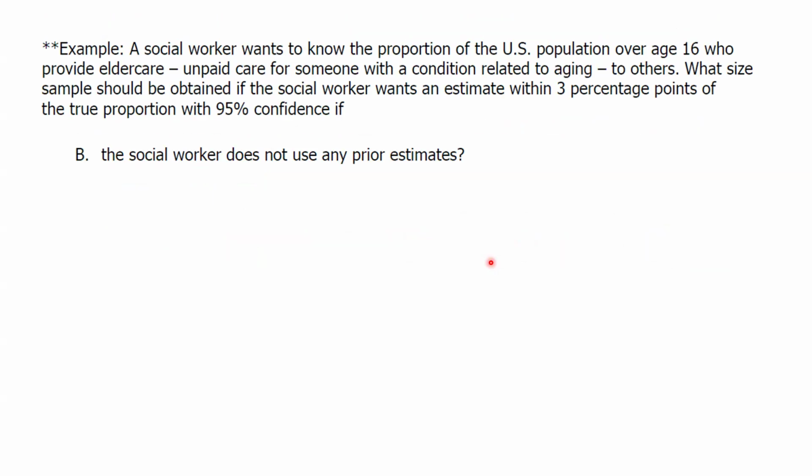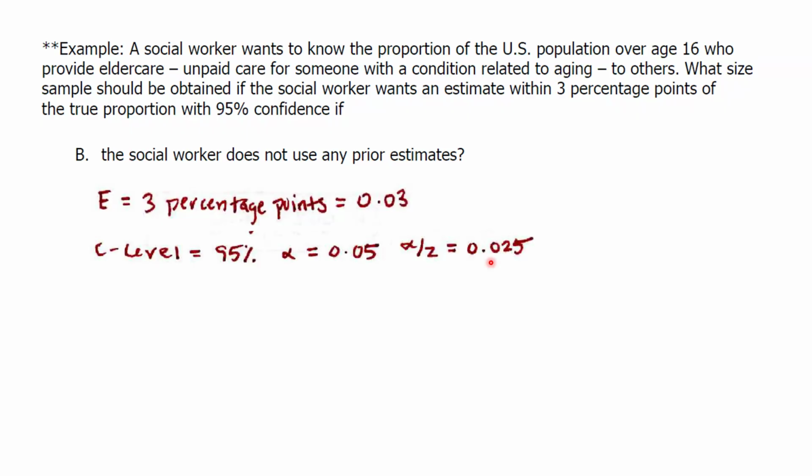So now for B, we are going to take that the social worker does not use any prior estimates. Okay. So we know that the margin of error is 3 percentage points. So that is 0.03. We know that the confidence level is 95%, which means alpha is 0.05. So alpha divided by 2 would be 0.025.